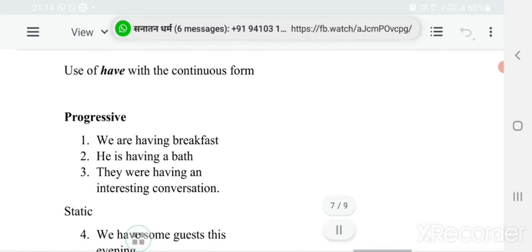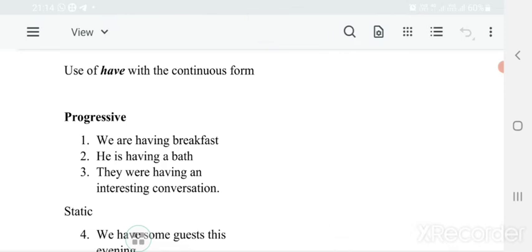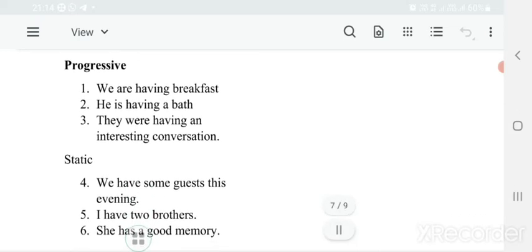Again we will see have with some kind of continuous forms. This is some advanced level of English grammar where the progressive form is used. See, we are having breakfast. That means the work is now in continuation. We are having breakfast. हम breakfast कर रहे हैं. He is having a bath.